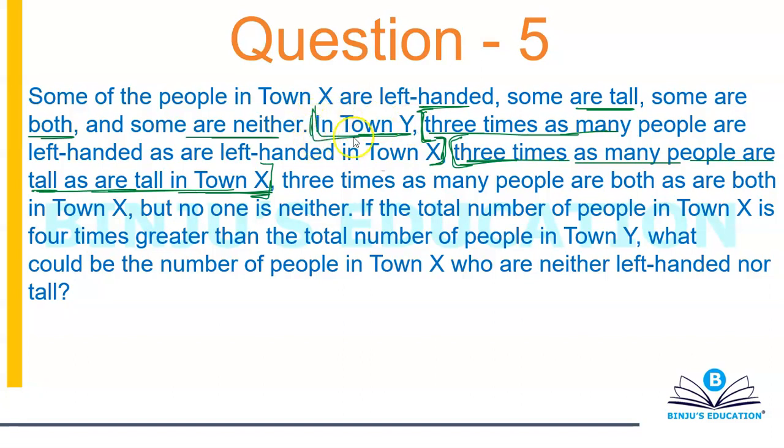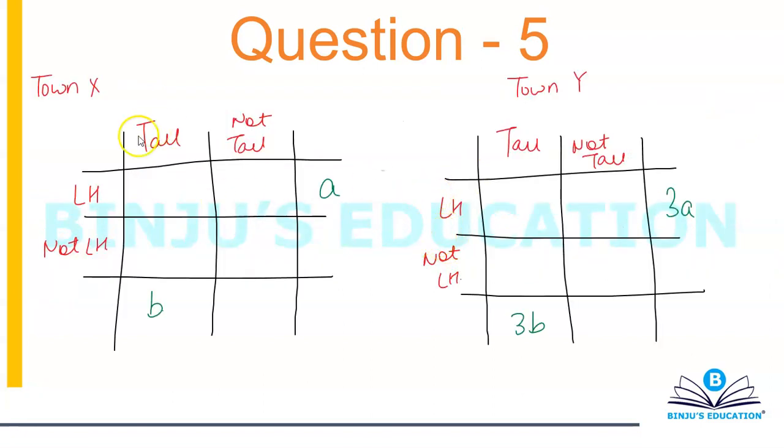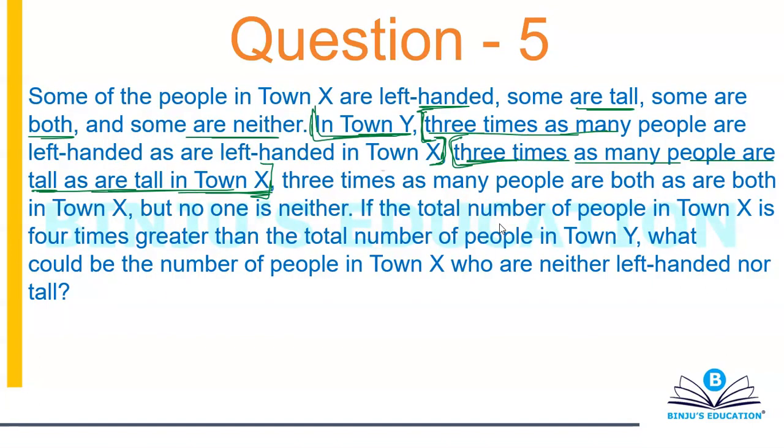Now again, in town Y, 3 times as many people are both as are both in town X. So if you take this to be C, then this will become thrice of C. This part from here to here is also done.